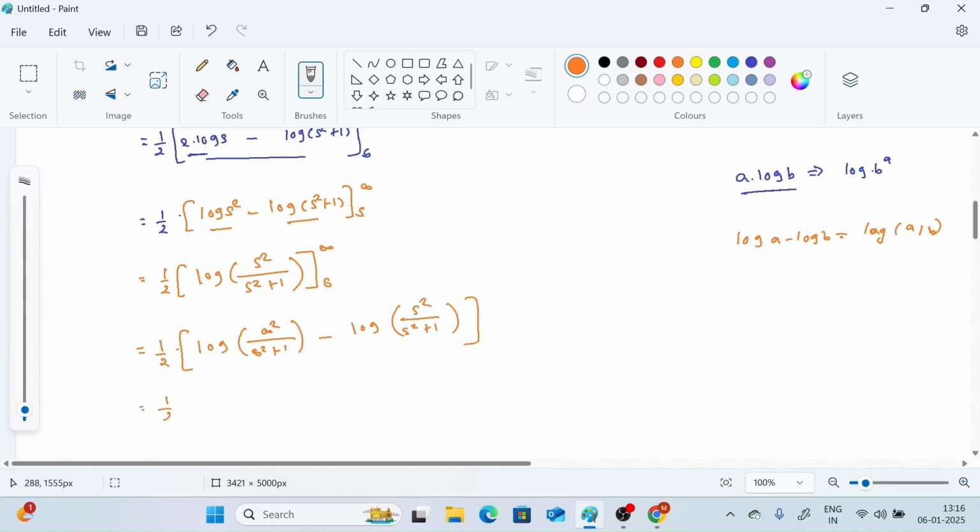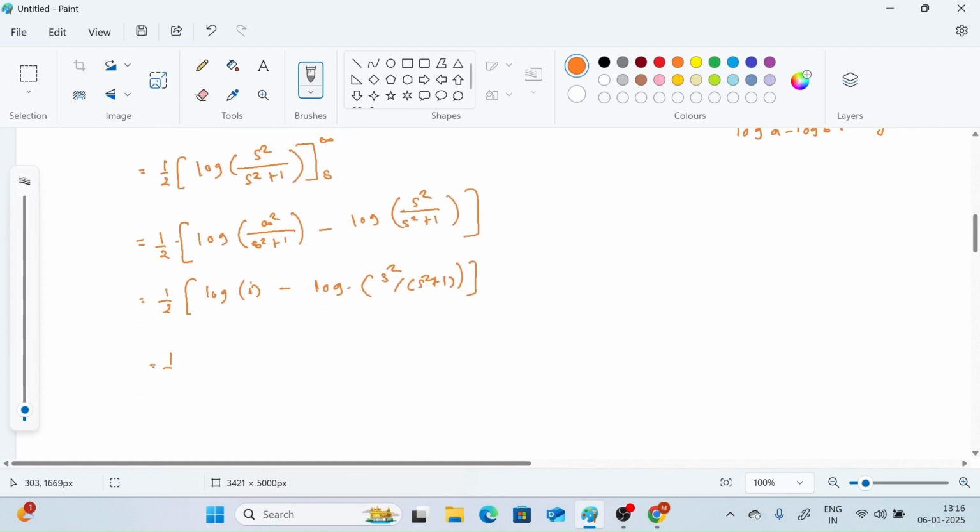So 1 upon 2 log of infinity upon infinity will be 1, so I directly write the value 1 here, minus log of s square upon s square plus 1. Here 1 by 2 log 1 is 0, minus log of s square upon s square plus 1.